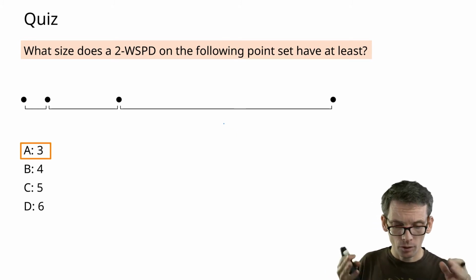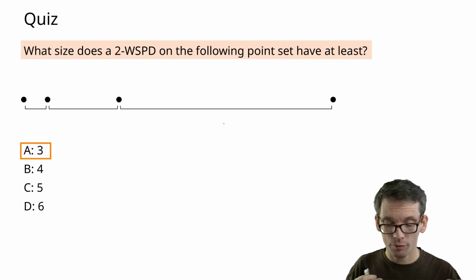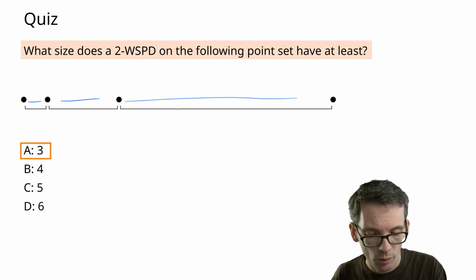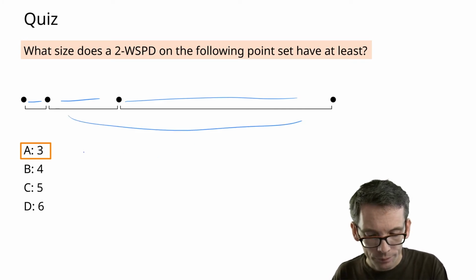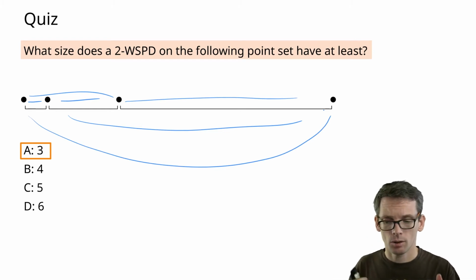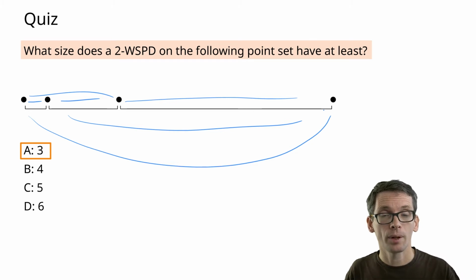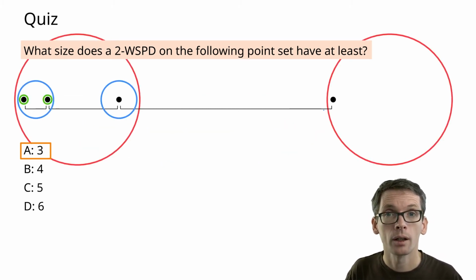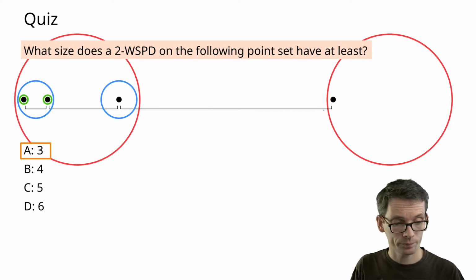So the total number of pairs of distances, so I have 4 points, would be 1, 2, 3, 4, 5, 6. So I mean 6 could be a valid answer, but the question is, how many do I need at least? And I can get the following well-separated pair decomposition.